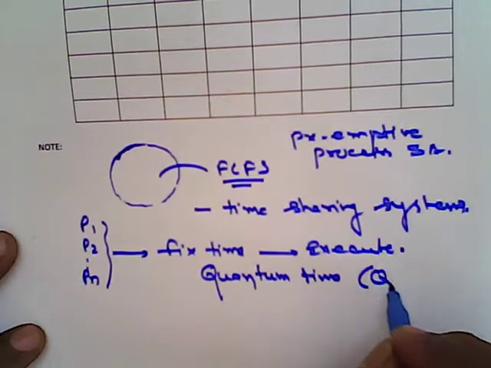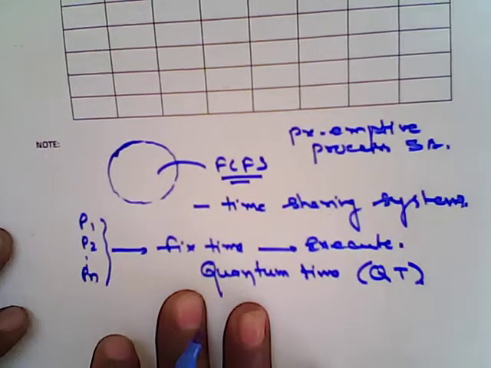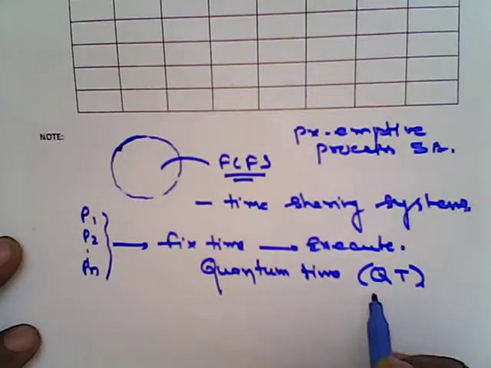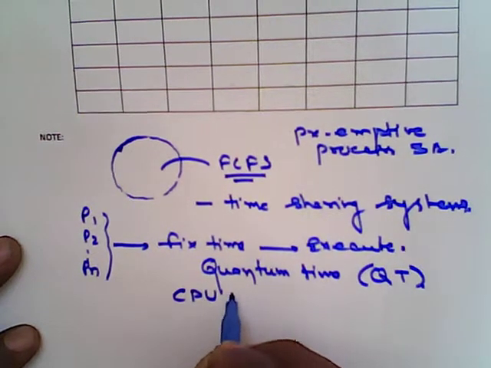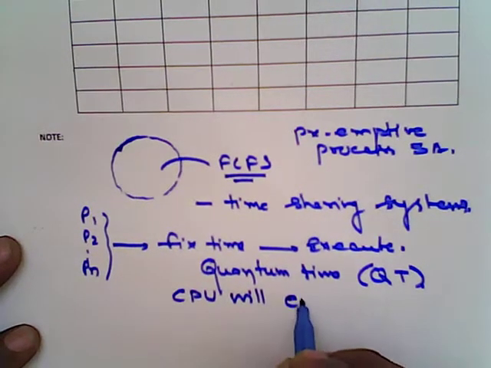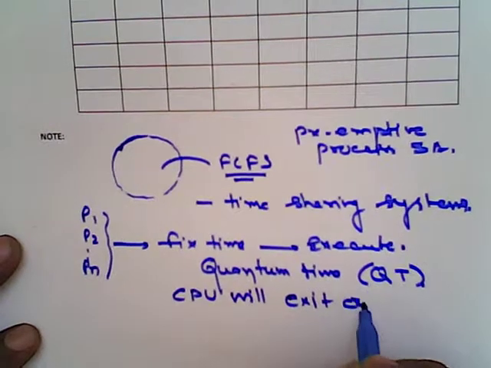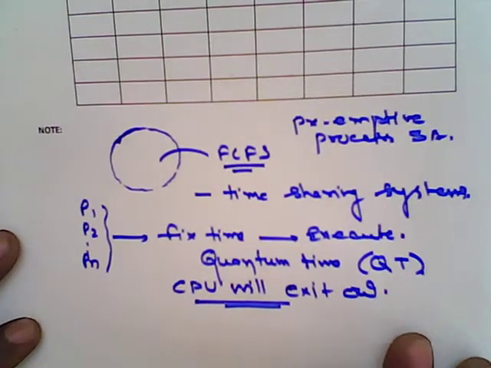If a process needs more than the quantum time, the CPU will exit out, meaning the CPU will not be able to process it. So that is one of the importance of the QT.